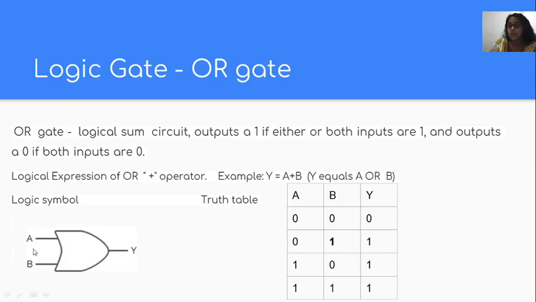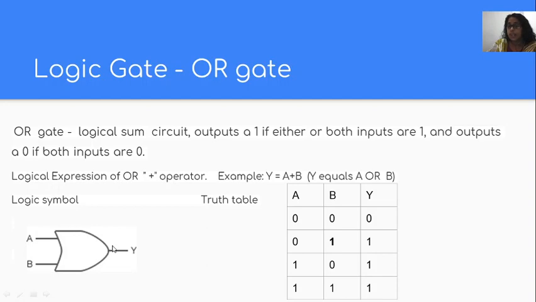So one more point that I add: the order of the inputs is important. When we write Y equals A or B, A should be the first input and B should be the second input. If this is B or A, how will we write it? Instead of A, we write B, and instead of B, we write A. The order of input is important.